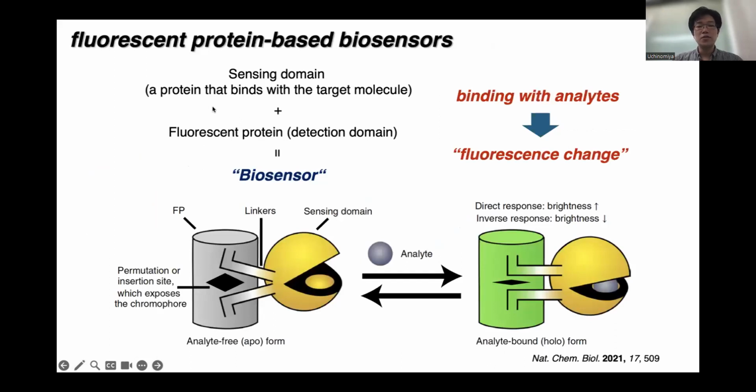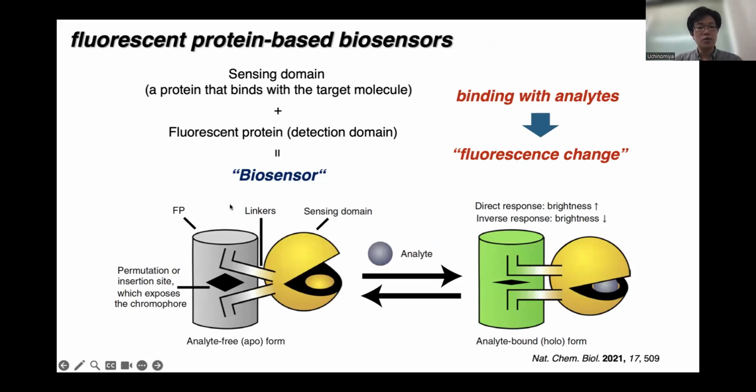So this tool is called a biosensor, which consists of two parts: one is a sensing domain and the other is a fluorescent protein.